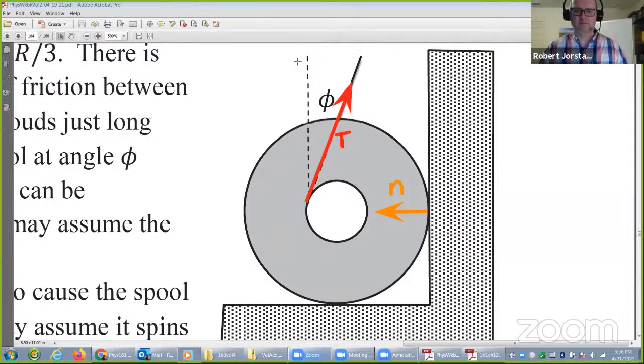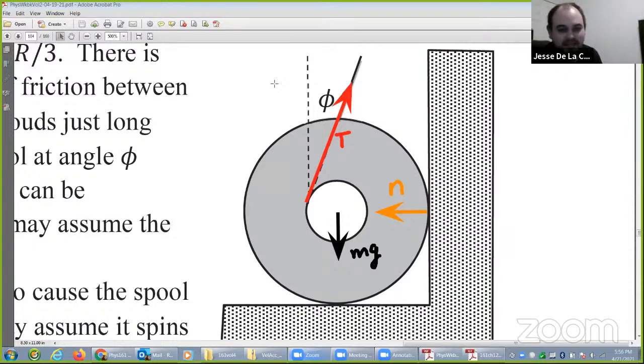Okay, is that it? There's a normal force from the bottom too, pointing up.